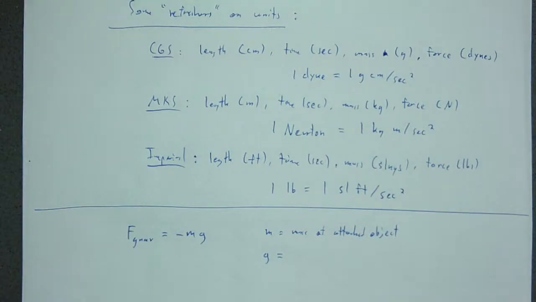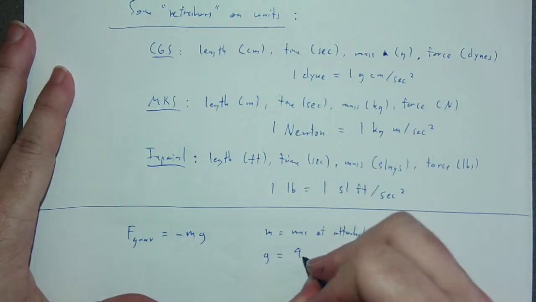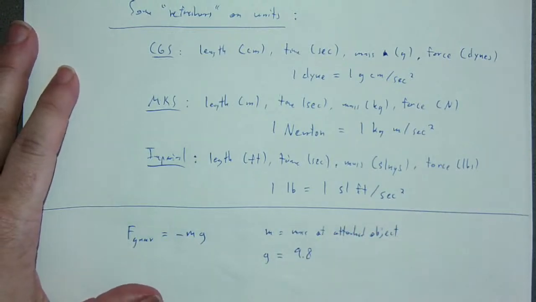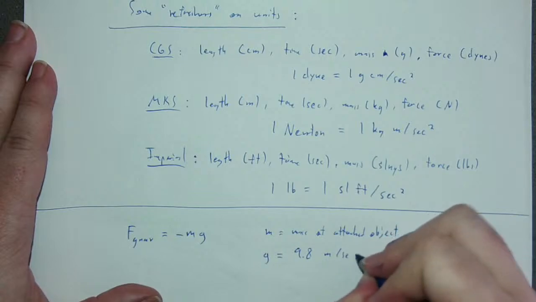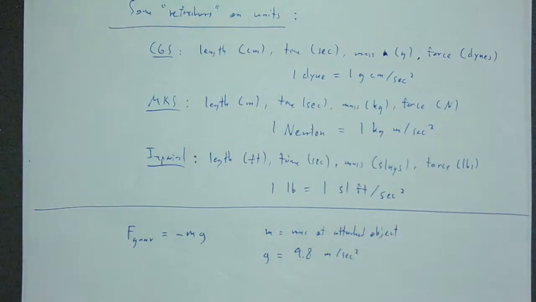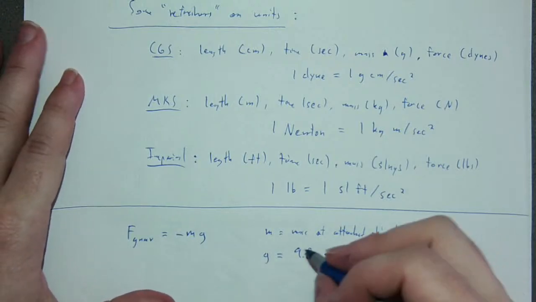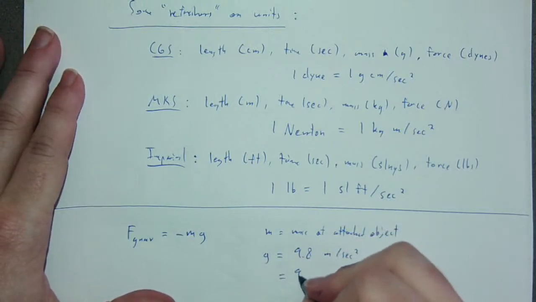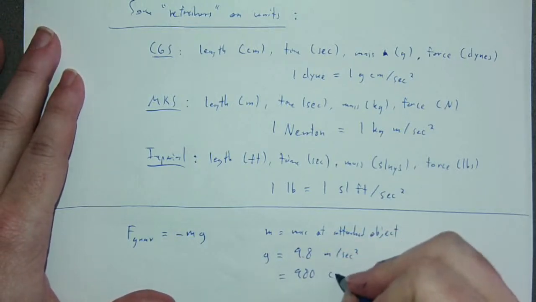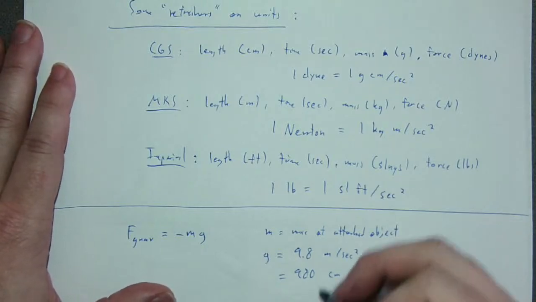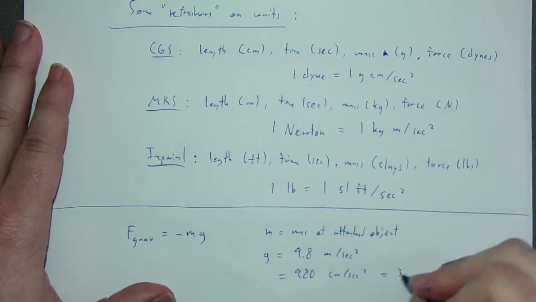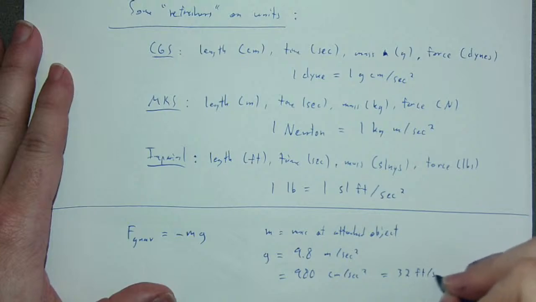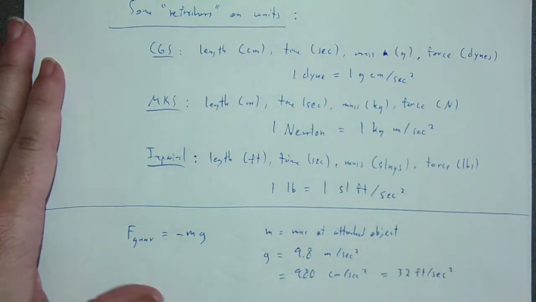G is 9.8 meters per second squared if you're in MKS units, or 980 centimeters per second squared in CGS units, or 32 feet per second squared in imperial units.